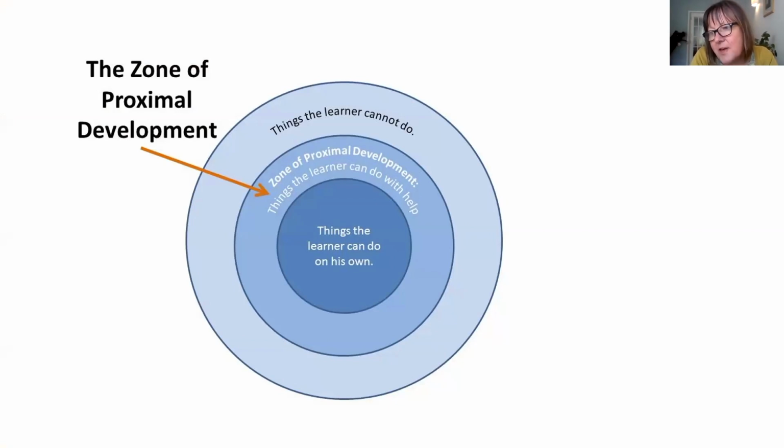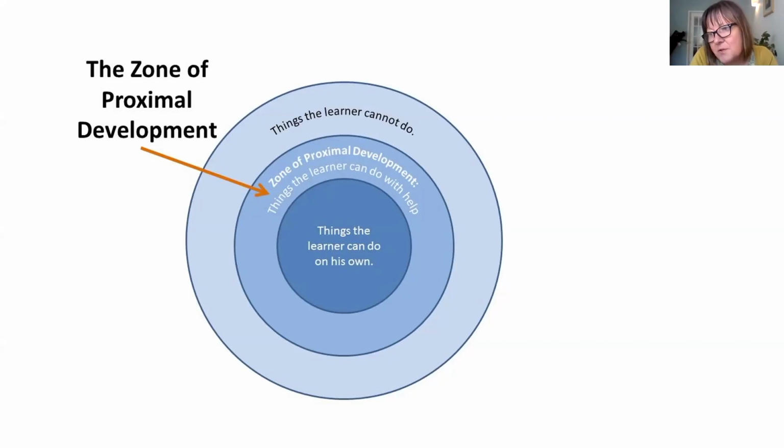Vygotsky, among other educational professionals, believes the role of teachers to be to provide children with experiences which are in their ZPD, thereby encouraging and advancing their independent learning. The support that the adult gives to the child reduces over time as the child becomes more confident and competent.